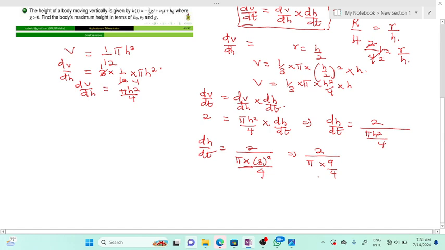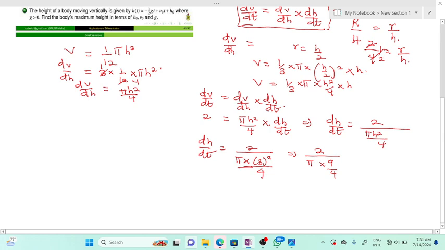So if you have the fraction 2 over 3.142 for pi times 9 on 4, that'll be giving us 0.2829, and since it's height, meters per second, right? 0.2829 meters per second.